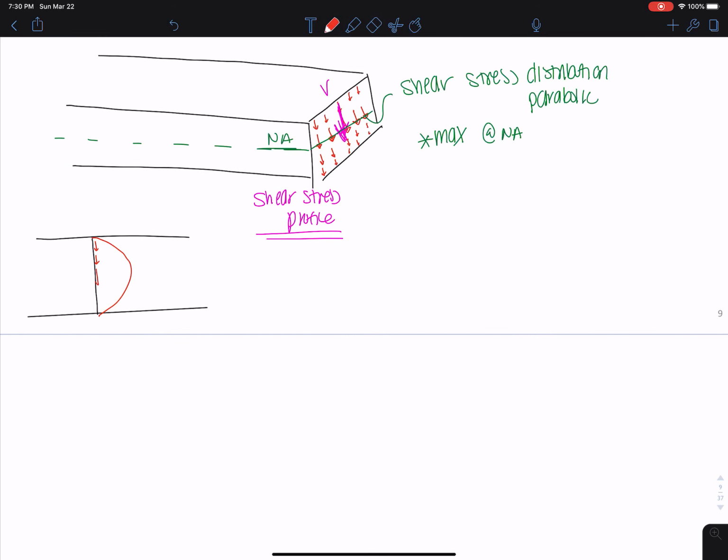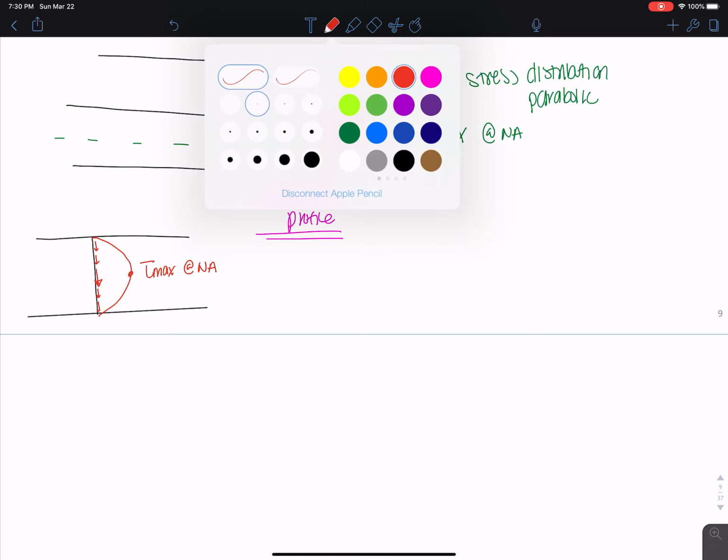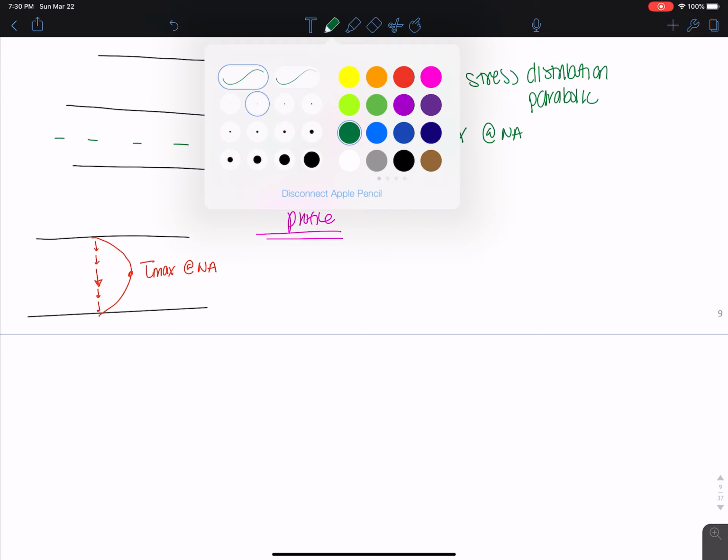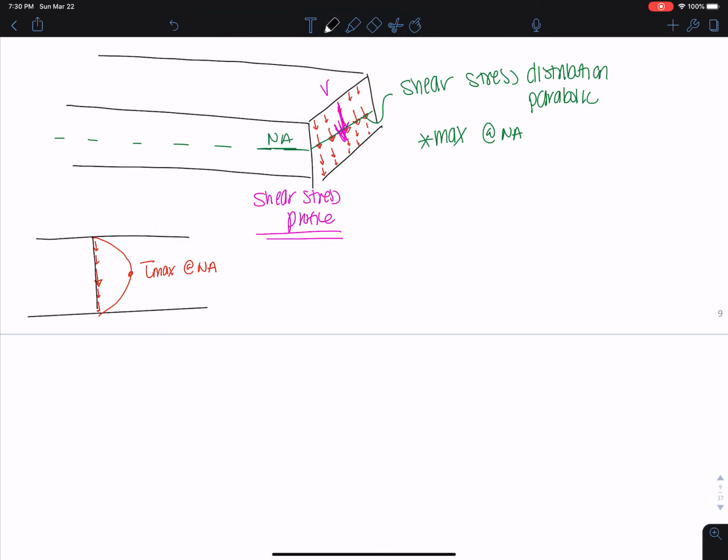So small, bigger, small, smallest. And this here is our max at the neutral axis. What happened to my profile? Hold on. There we go. This is our NA.